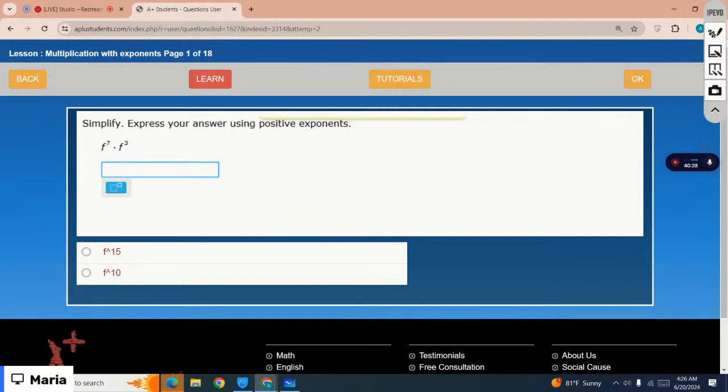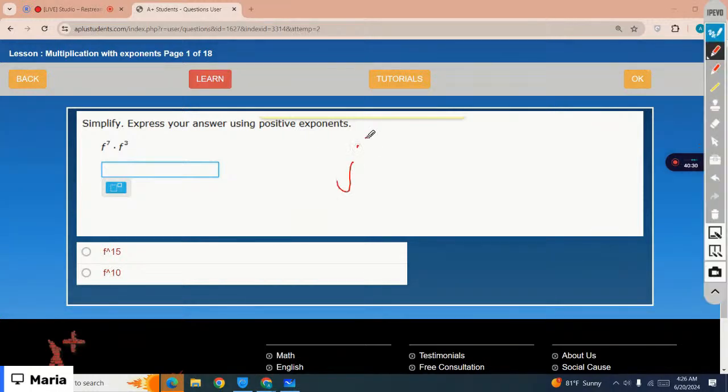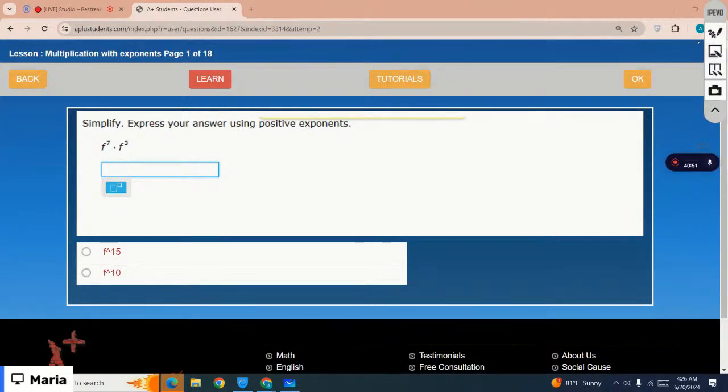Because they have the same base. So when bases are the same, you have to add their exponents. Sorry, F, it is not G. That would be F exponent 10. The correct option is option number 2. Got it? When the bases are the same and they are multiplying, you have to add the exponents. Option number 2 is the correct option. Got it?